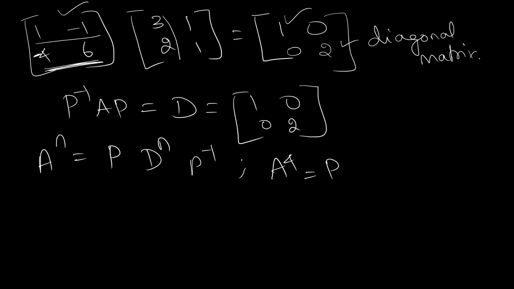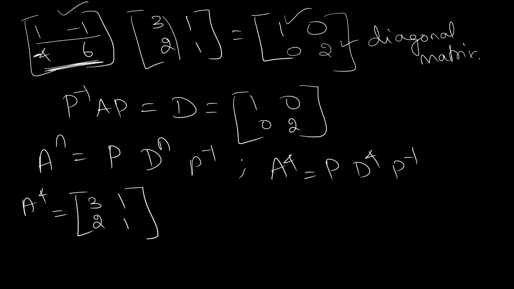So P into D power 4 into P inverse. So this is nothing but A power 4 is equal to, what is P? 3, 1, 2, 1, the modal matrix we got in the beginning, right? And then this diagonal matrix. One advantage is power 4 means 1 power 4, 1, 0, 0, and 2 power 4 is 16. That's it, we are done with this.